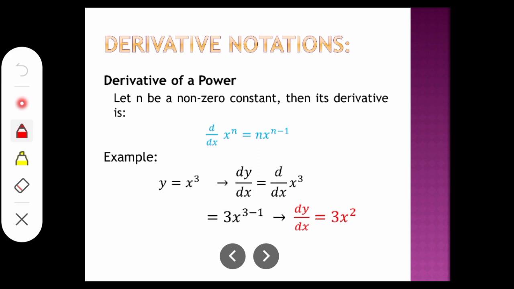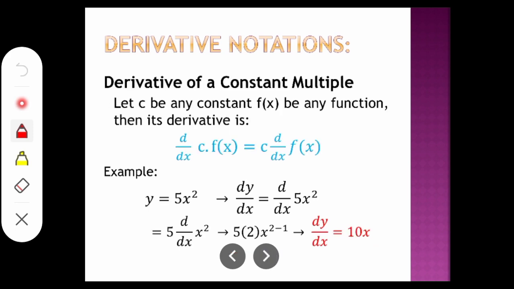This is the solution. dy over dx equals d with respect to x of x cubed, which equals 3x raised to 3 minus 1, where 3 is our n. 3 minus 1 is 2, so dy over dx equals 3x squared. That is the second rule in differentiation.